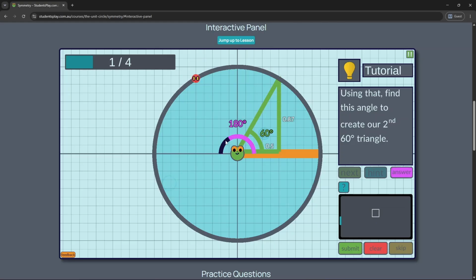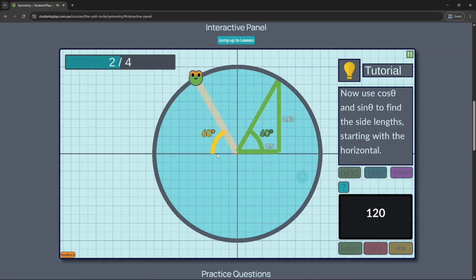Well, we want 60 to be in here, because that would create a 60-degree triangle. So 180, get to here and then come back 60, means we could rotate to 120. Let's try that. Yeah. Nice. And then we get our 60 in there.